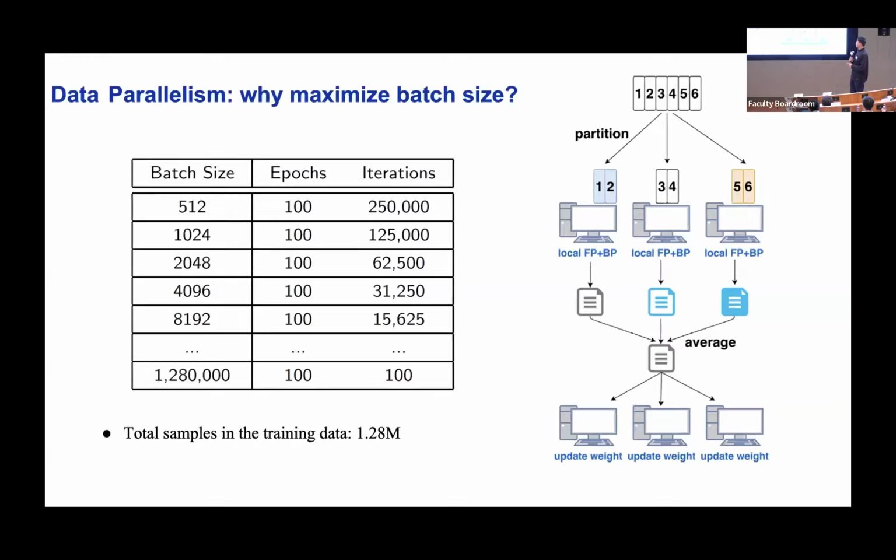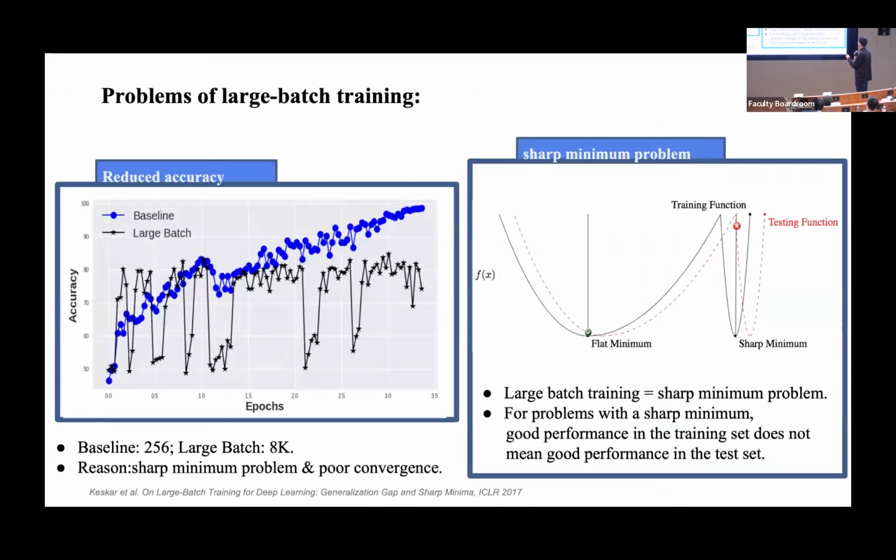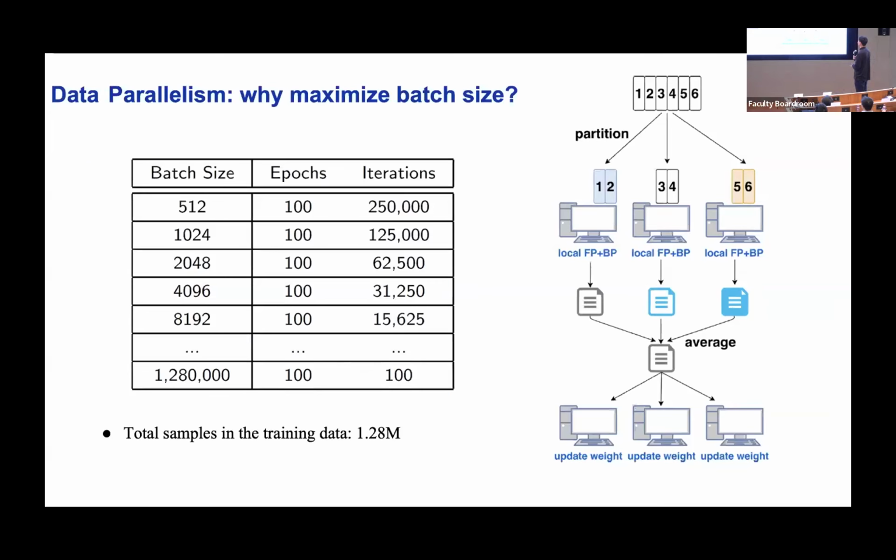Basically for data parallelism, we just partition the data samples to different servers or different GPUs. How about I assume we only have three servers or three GPUs, and you have six data samples.